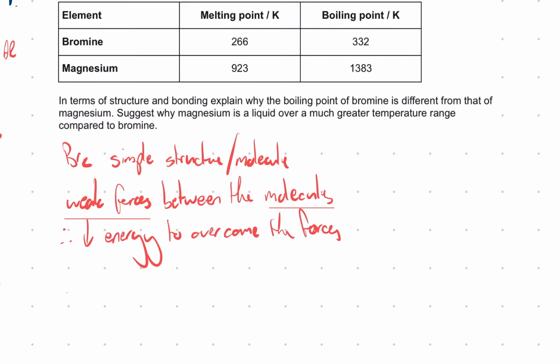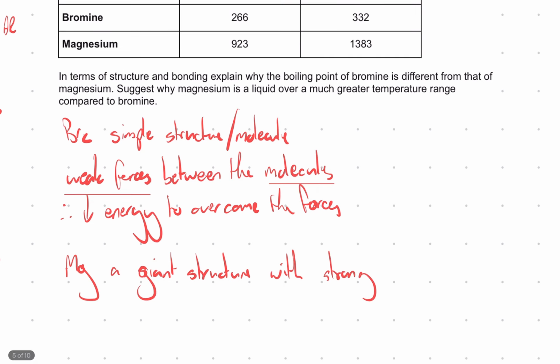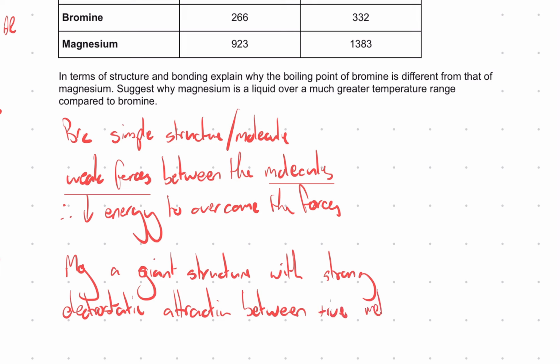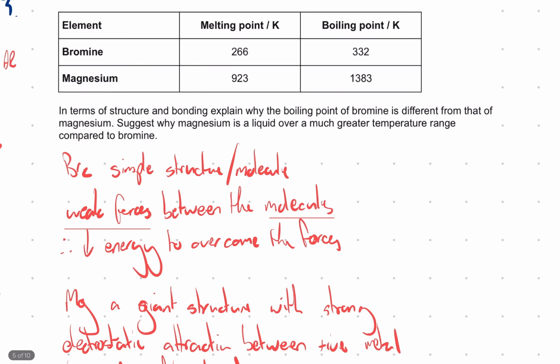So here now we can say magnesium, a giant structure with strong electrostatic attraction between positive metal ion and delocalized electrons. So that's that first bit.